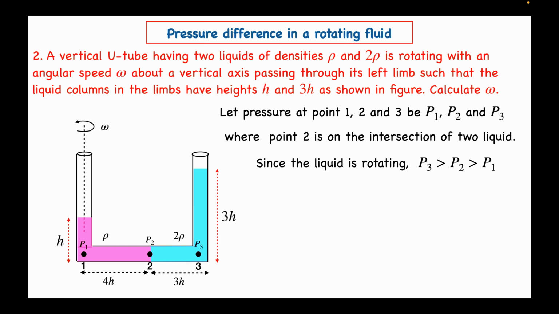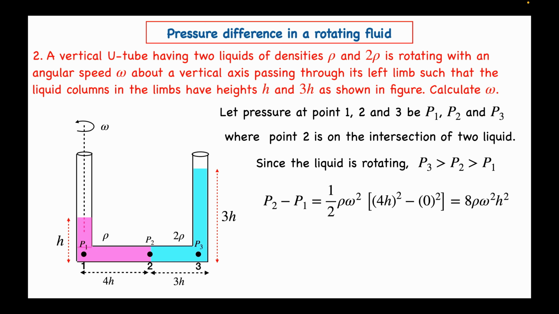Since the liquid is rotating, pressure P3 is greater than pressure P2 and P2 is also greater than P1. We know as we move away from the axis of rotation, the liquid pressure increases due to rotation. So P3 greater than P2 greater than P1.